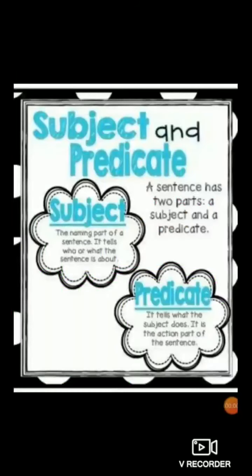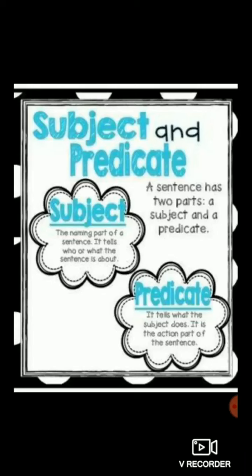So dear students, the subject and predicate. A sentence has two parts. How many parts? A sentence has two parts, that is subject and predicate. Sentences are made up of words, and words are made up of alphabets, letters. When letters come together, words are formed.